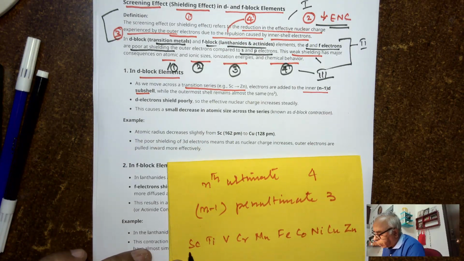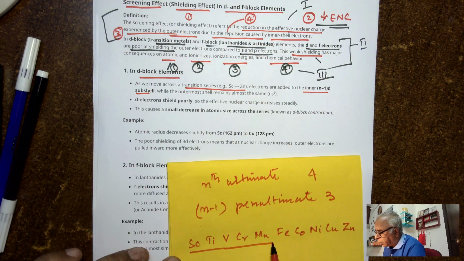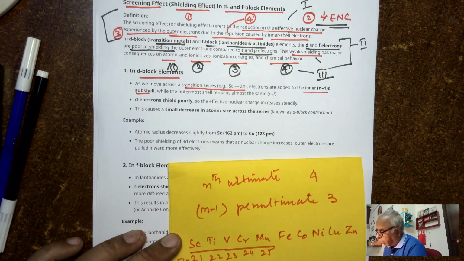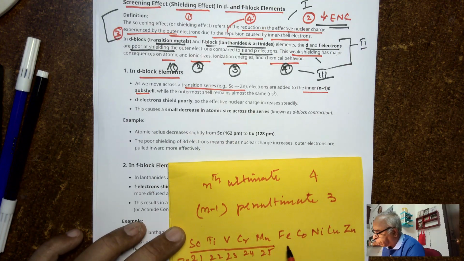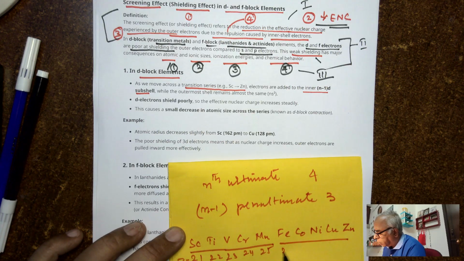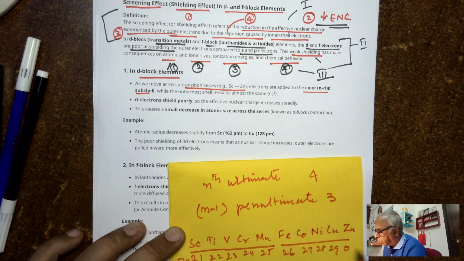That is scandium, titanium, vanadium, chromium, manganese, with atomic numbers 21, 22, 23, 24, 25. And Feconi cousin, 26, 27, 28, 29, 30.